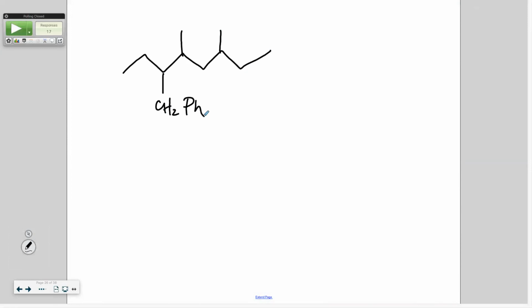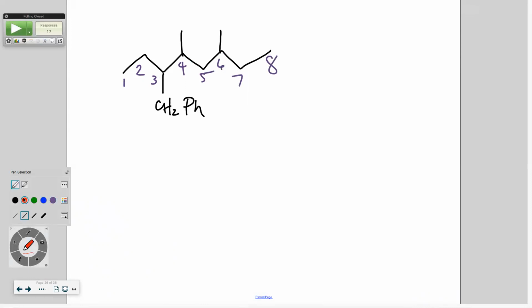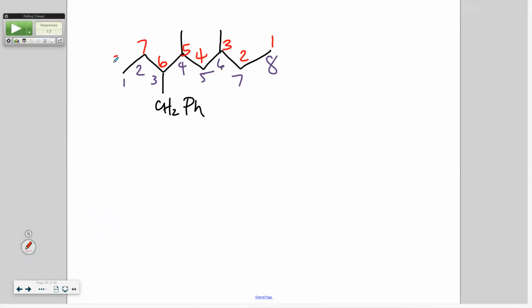So the name of this is going to be, we can go the purple route, or we can go the red route. Either way, we come to a substituent on carbon number 3. So who wins? Well, this is called a benzyl group.